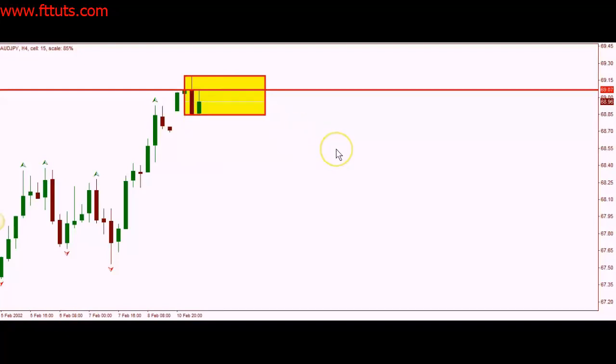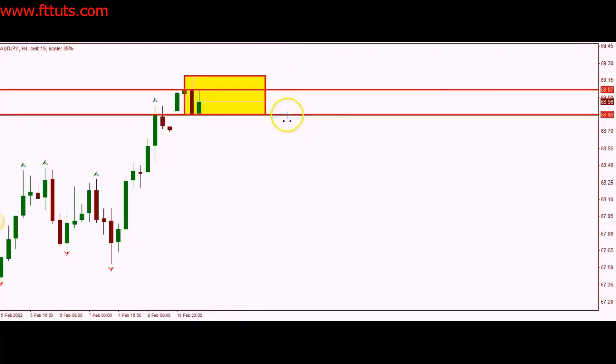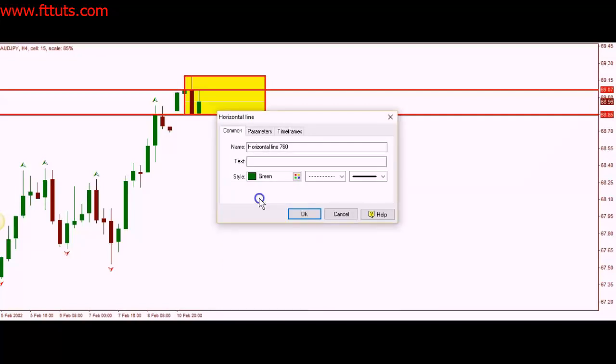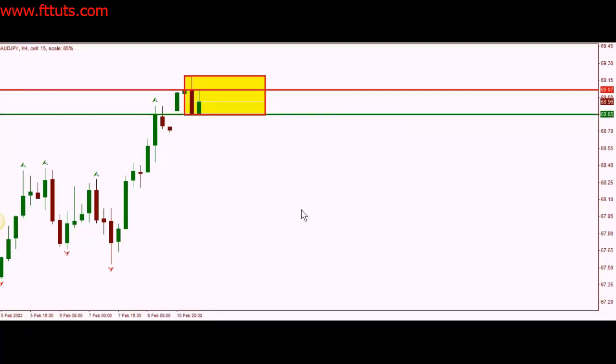Now there's 2 ways to trade this. We're trading inside out. You could set an entry order here. This is going to be your aggressive entry. We do this in the trend, we do this everywhere. And then your stop loss is going to be right here where this candle is.